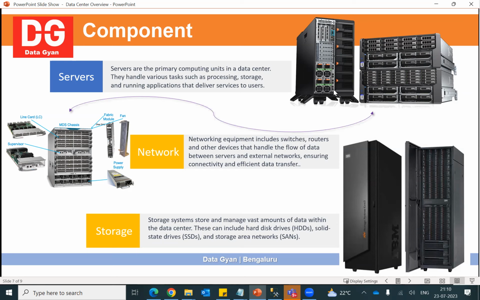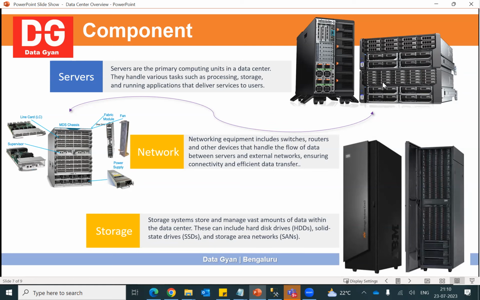So when you use Facebook, let's say the Facebook application is installed on this server. You are accessing it as an application from your mobile or from your laptop. And when you are saving a photo, the photo is not actually getting saved on the server, because the server is not meant to store your data. Basically, it is mostly processing the data, or the application side and the operating system.